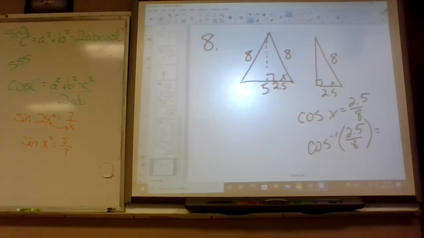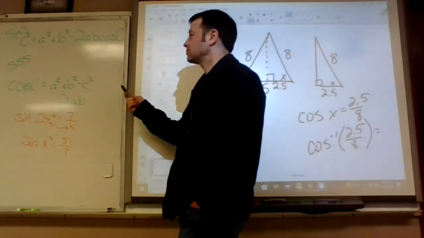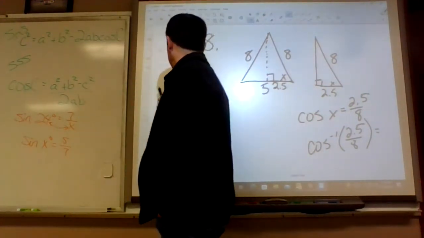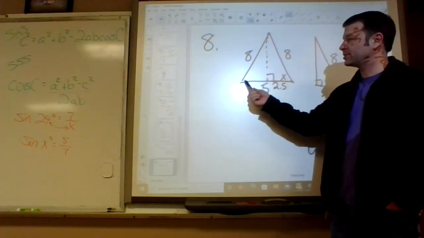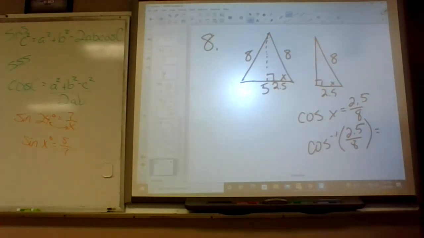Mr. Jordan, what angle did I just find? What did you use for your C? I used 8 squared, one of the sides. Well, then you found this or this. So they're the same.